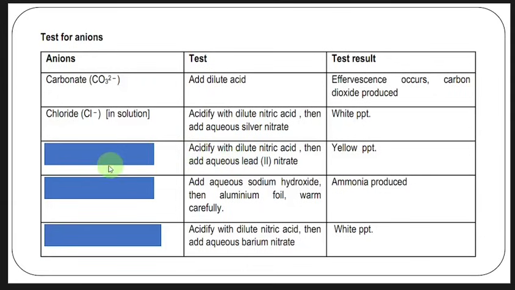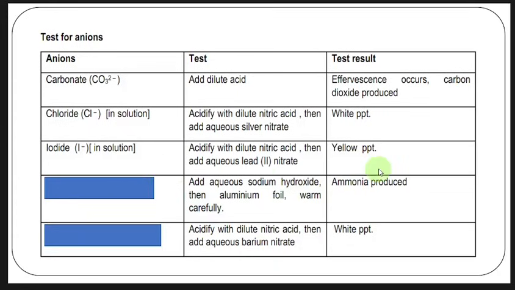All right. Then if you have another unknown substance, you acidify with dilute nitric acid, then add aqueous lead(II) nitrate, and you see a yellow precipitate. Then that contains iodide ions. Then if you have another unknown compound, you add aqueous sodium hydroxide, then aluminium foil, and warm carefully.